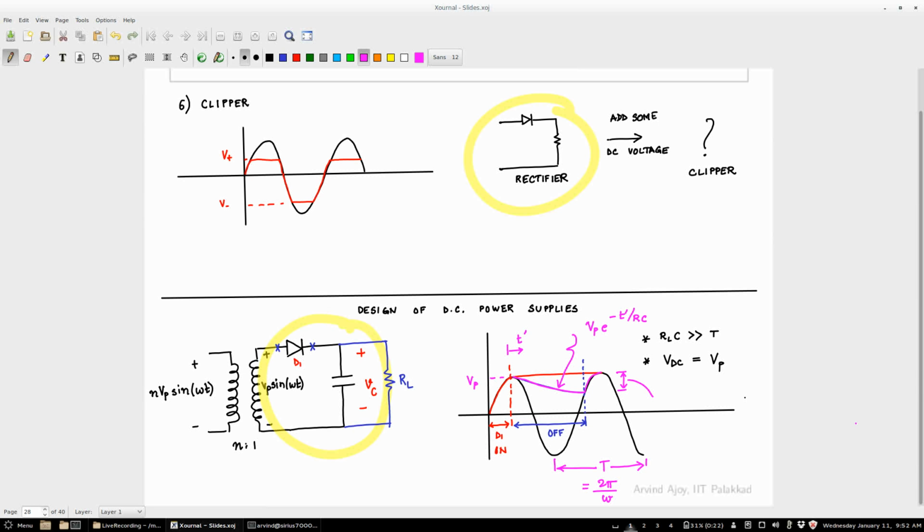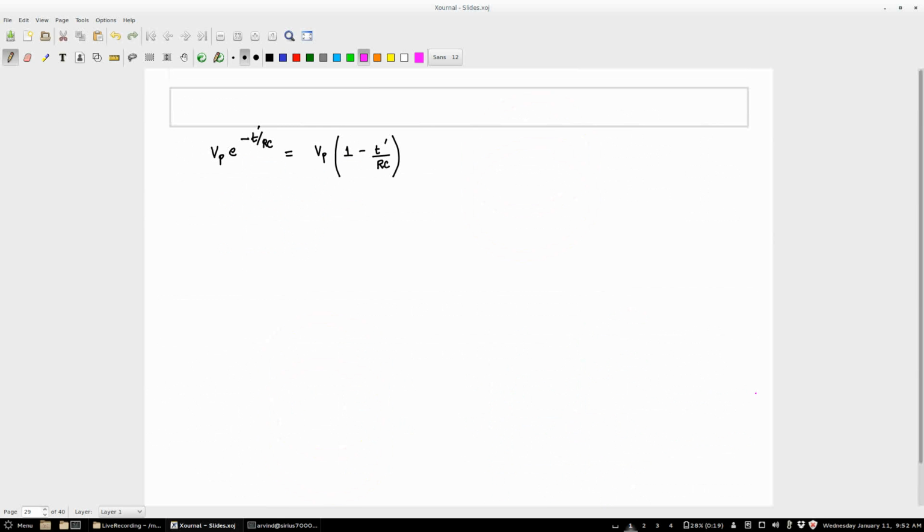Now I want to find out how much the voltage actually dropped. There's a name for this, which we mentioned earlier. This is your V peak to peak ripple.